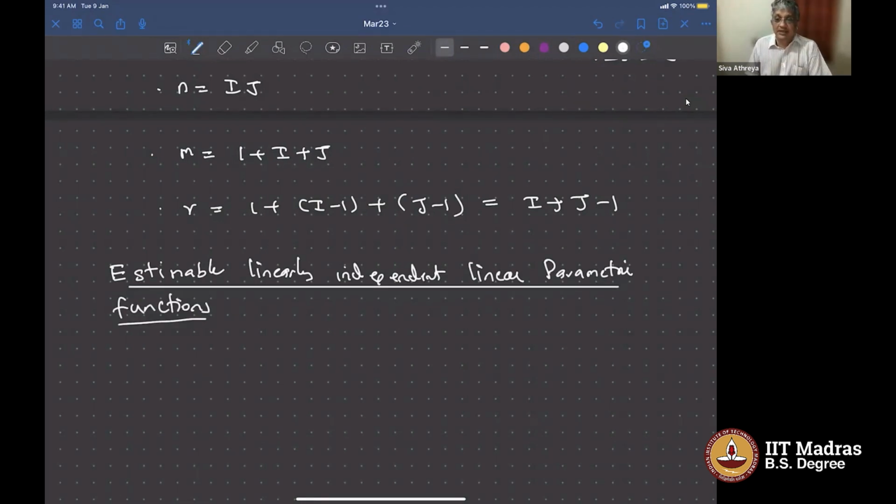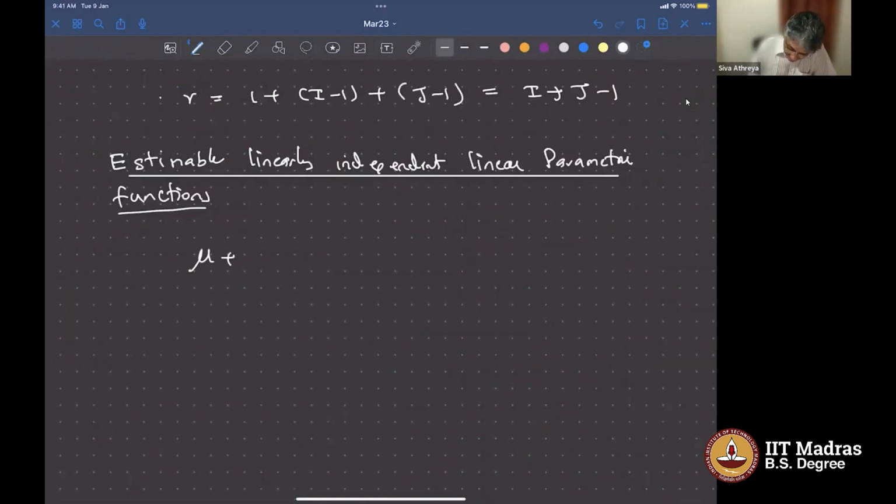You can easily check what they're going to be. They're going to be mu plus alpha bar plus beta bar. That's one guy, right? Then everybody else will be differences.